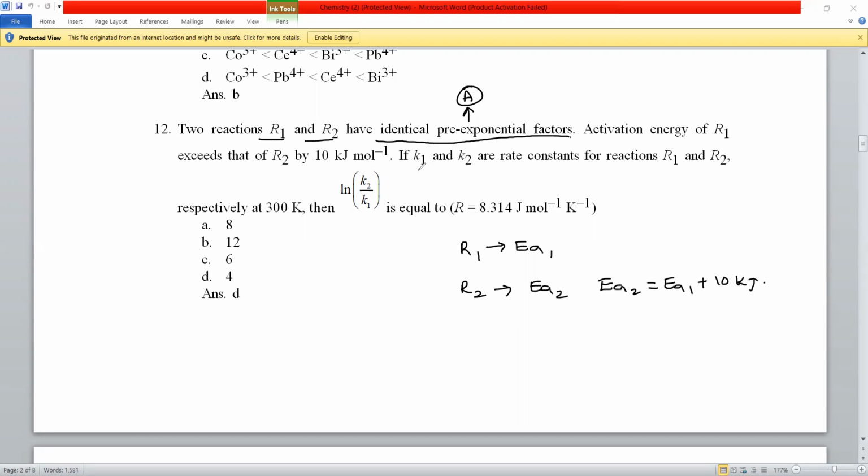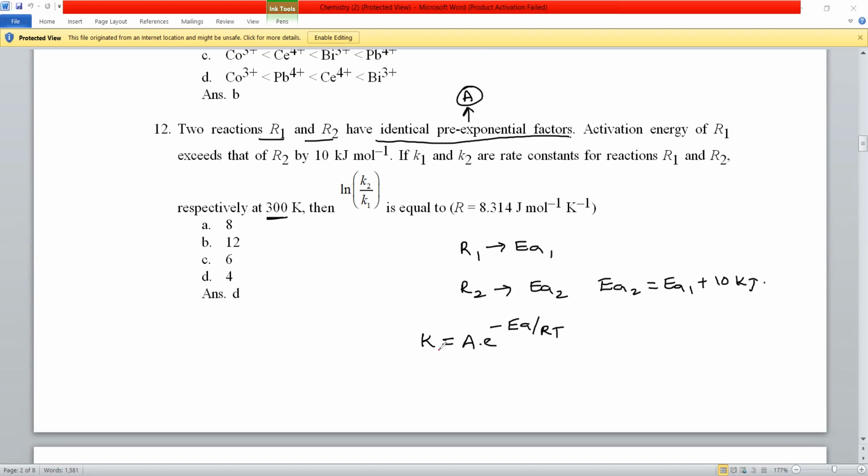If K1 and K2 are the rate constants for R1 and R2 respectively at 300 kelvins, they're asking for K2 by K1. Since we know very well the Arrhenius equation, K equals A e power minus EA by RT, this is the formula I have applied.